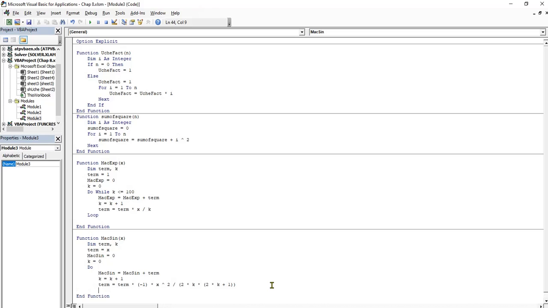Now I'm going to press Shift Tab. I will now say Loop While our k is less than or equal to, let's say 100.